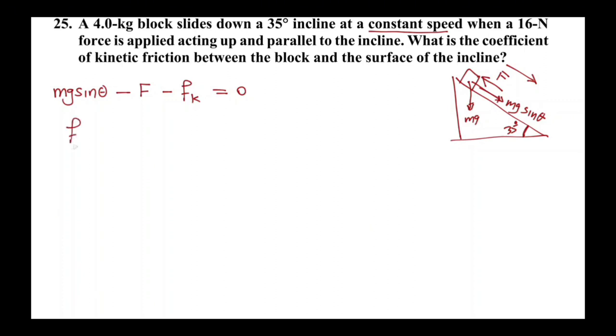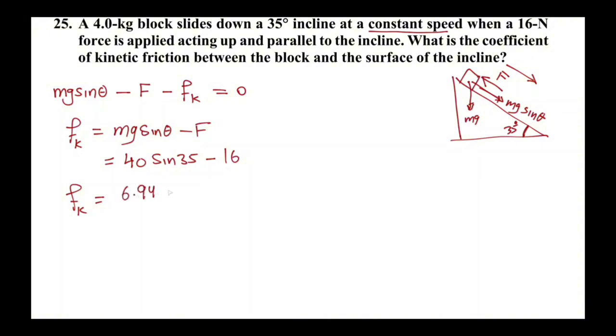So fk here equals mg sine theta minus F, or 40 sine 35 minus 16, in this case fk equals 6.94 newtons. And remember, fk here is equal to mu k N.